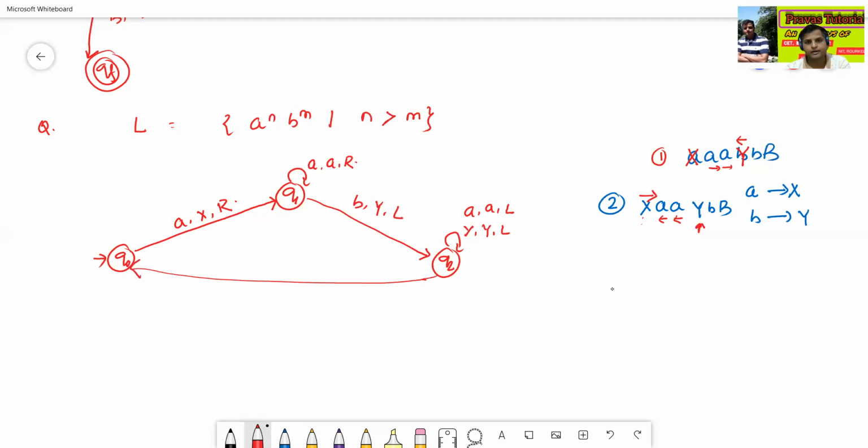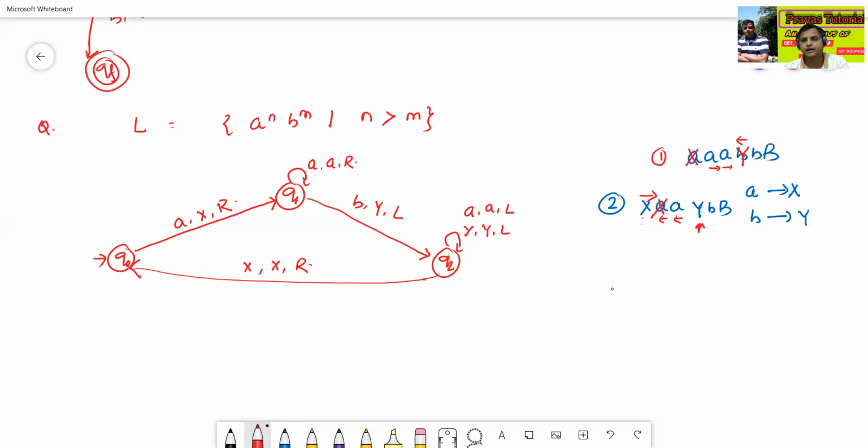Okay. When Q2 reads x, write as x and move towards right. Then Q0 reads a, write as x. Q1 reads a, skip.